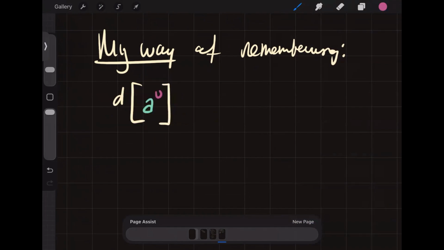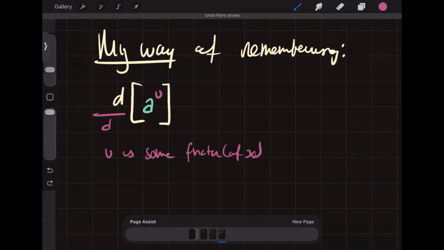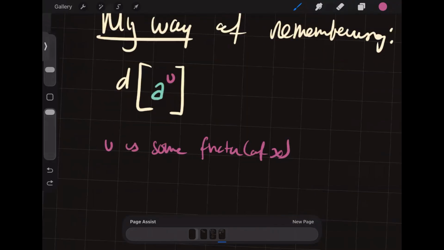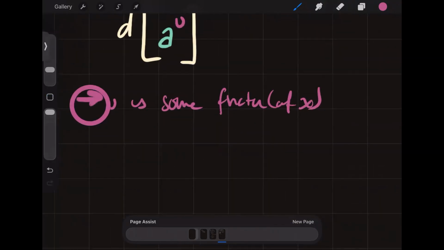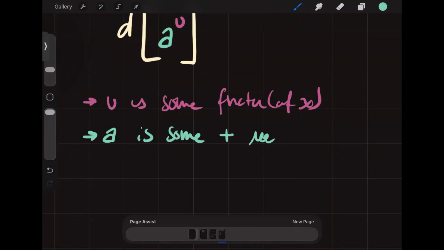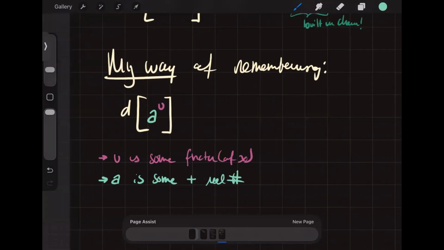Where we identify u is some function of x. If you notice, I don't write this as d dx. That's because I assume the only variable I'm working with is x. Okay. If you prefer writing d dx to be clear, it's fine by me. Just be mindful for when we're deriving in terms of other variables. Okay. And a is some positive real number, right?